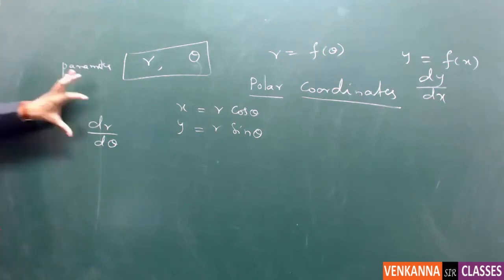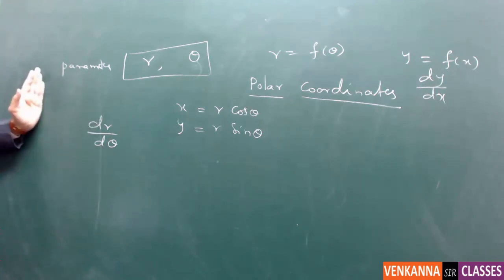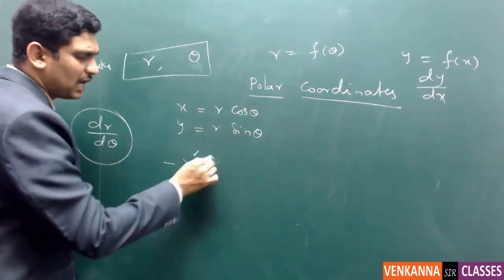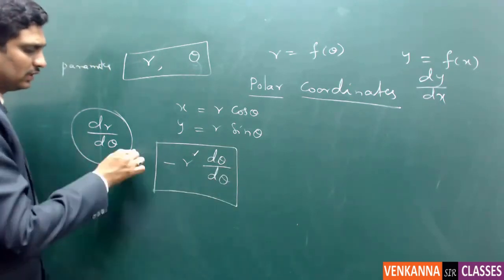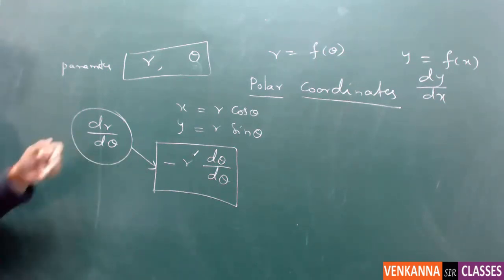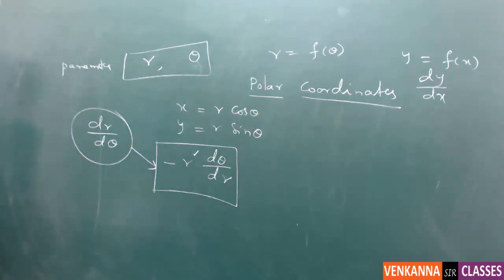In order to find the corresponding orthogonal trajectory after eliminating the parameter, we have to replace the differential dr by d theta with minus r square into d theta by dr. So replace should be done like this: minus r squared d theta by dr, right? So please take a note of that, and we are going to do some problems on it.